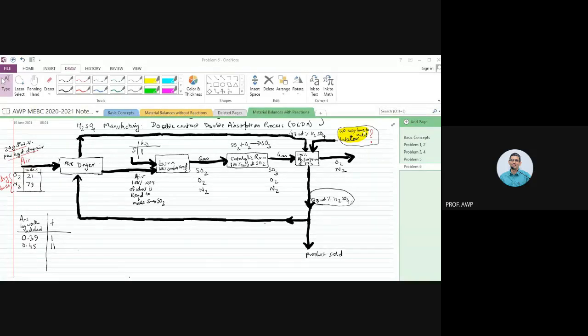Sir, I'm getting 1.14 kg of water. Say that again. Let me just write, 1 second. How much you are saying, Ria? 1.14 kgs. Okay. Yes.